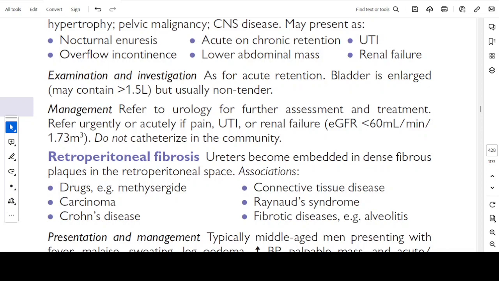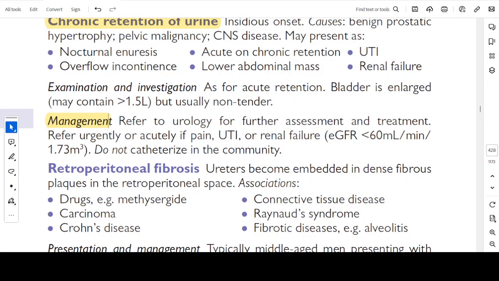Management. Refer to urology for further assessment and treatment. Refer urgently or acutely if pain, UTI or renal failure is present. Do not catheterize in the community. You need to refer for urology assessment.